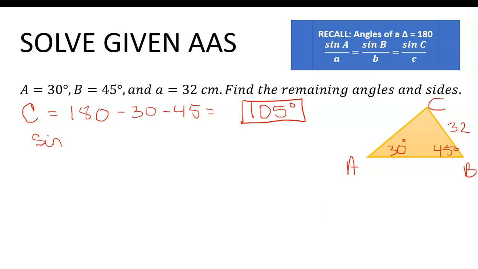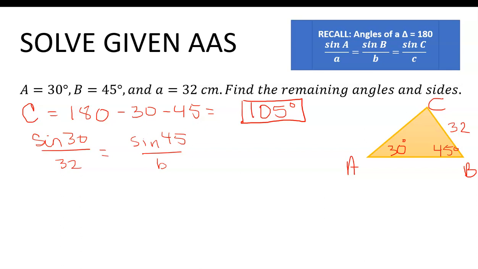So sine of 30 over lowercase a, which is 32, is going to be equal to sine of 45 over b. You see that I'm going for my B's first. This is just a basic proportion. You might remember this as the butterfly method. So basically, I will write it out for us the first time, and then from there, you'll remember it.